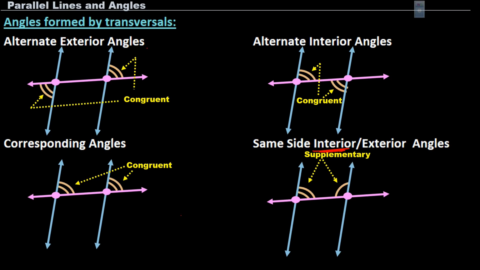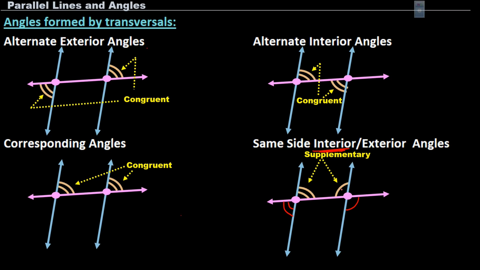Now, if we apply our idea of vertical angles that we just talked about to this, if this angle here has two arcs, that means this angle will also have two arcs. They're congruent to each other. And if this angle has one arc, this angle is also going to have one arc because, again, they're congruent to each other.